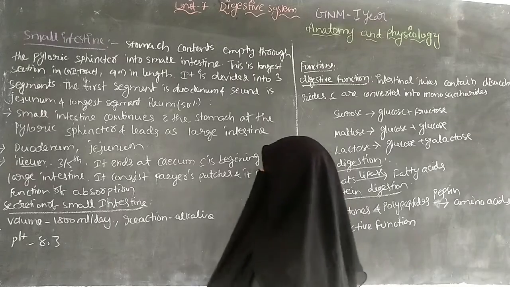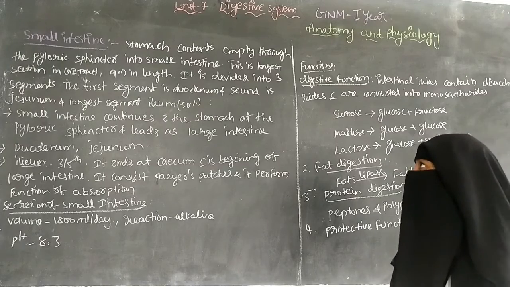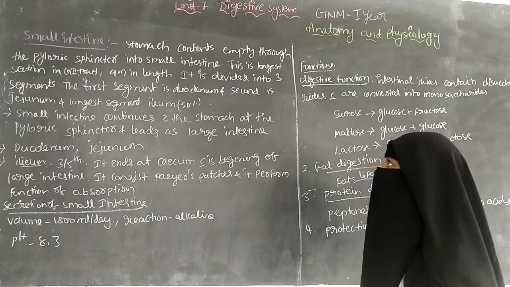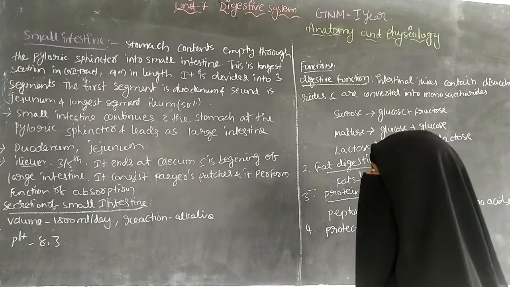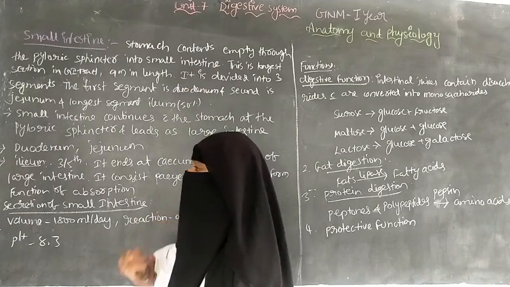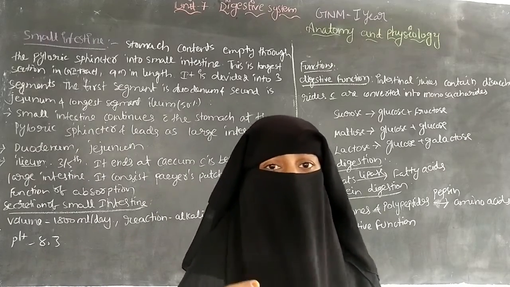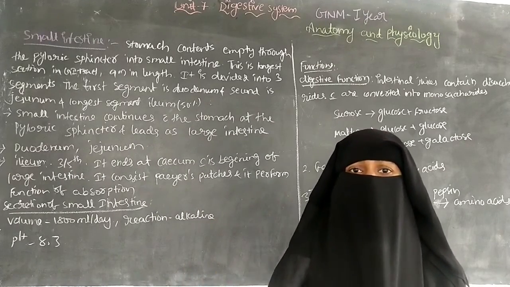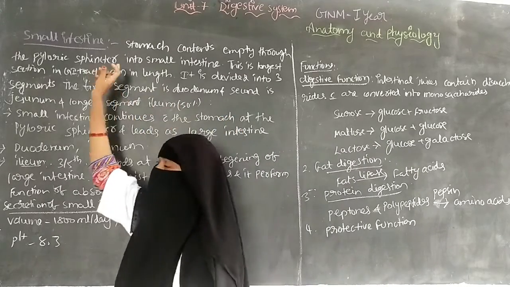The small intestine is also one of the parts of the GI system. Stomach contents empty through the pyloric sphincter into the small intestine. After digestion has completed, the digestive materials present in the stomach enter the small intestine through the pyloric sphincter.